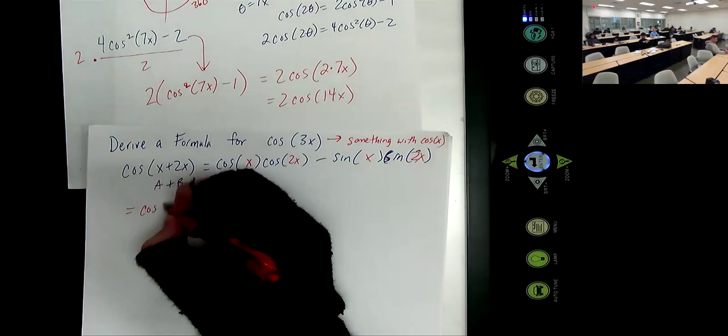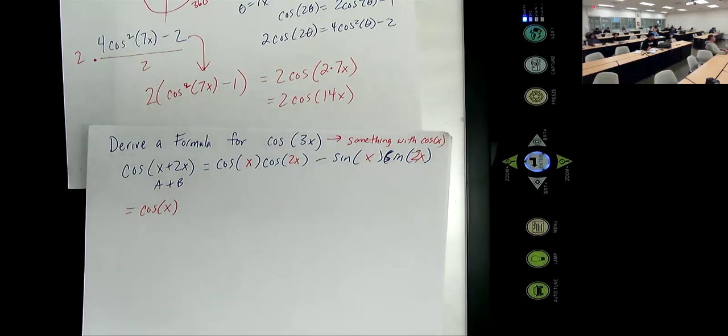So if I want that, I need to change the cosine 2x and the sine 2x, right?